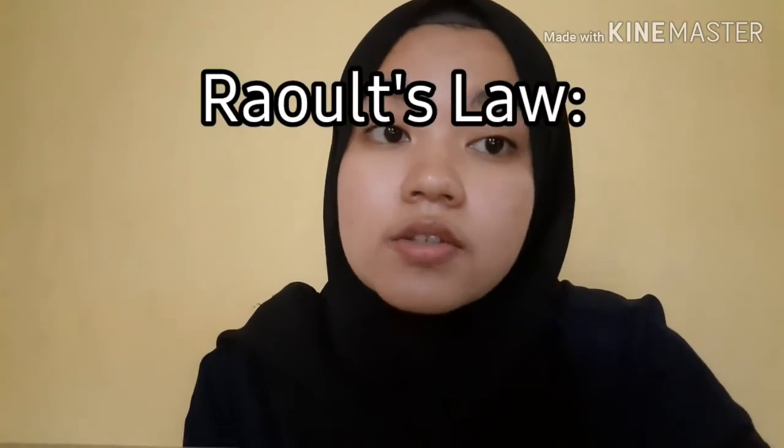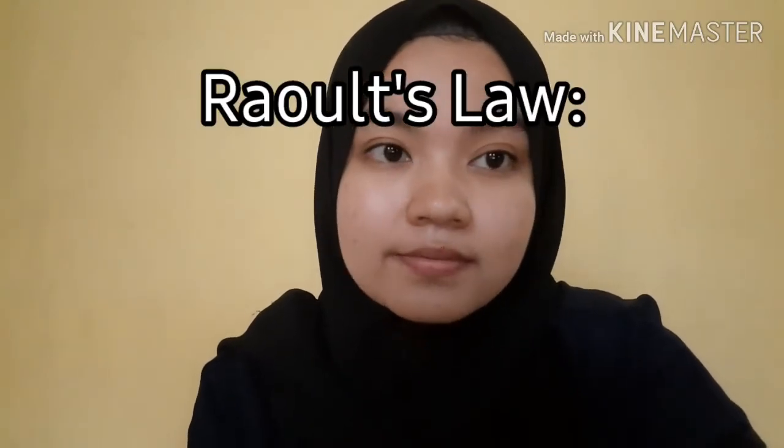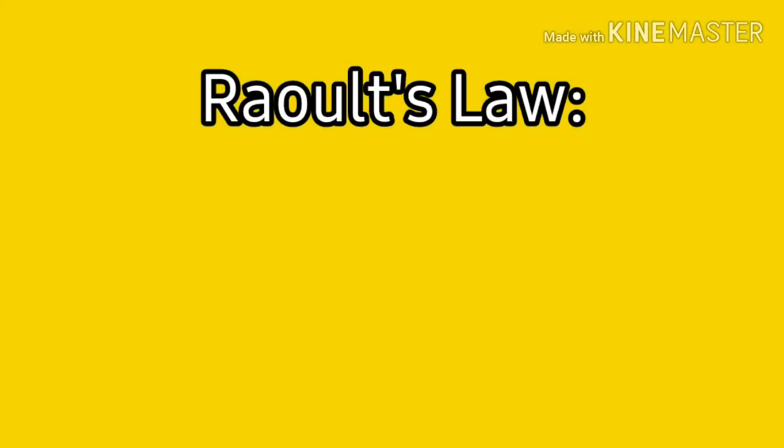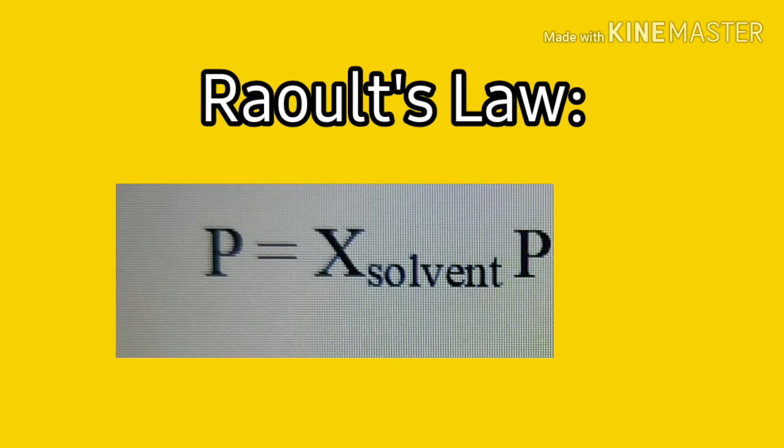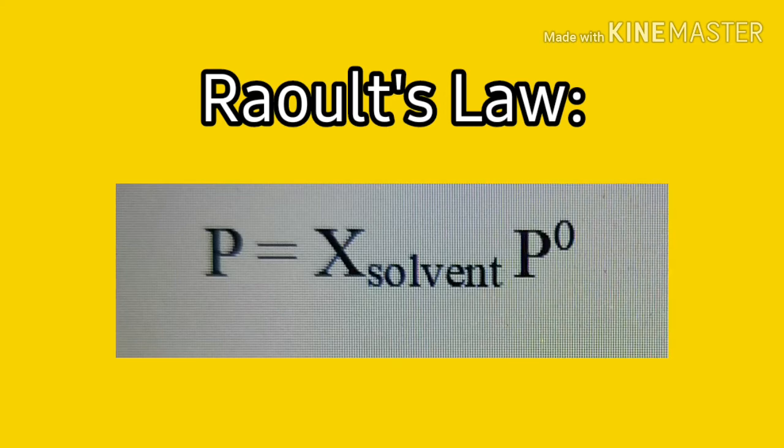The relation between vapor pressure of a solution component and the concentration of this component is described by Raoult's law. The partial pressure exerted by any component of an ideal solution is equal to the vapor pressure of the pure component multiplied by its mole fraction in the solution.